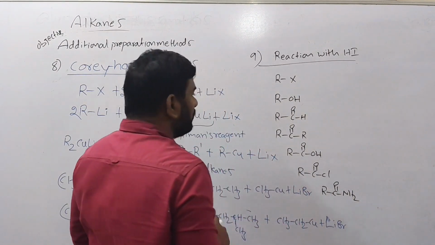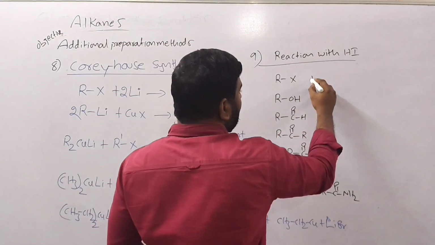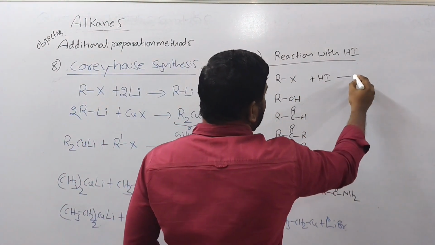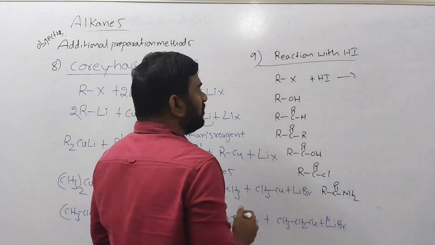So these are all compounds. These all compounds are reacting with HI. Reaction with HI will give the corresponding alkanes.